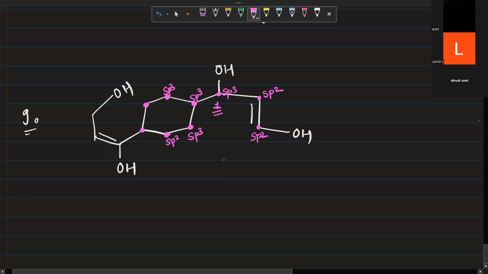sp3, sp3. And this carbon where the OH is attached? Which one? The carbon where the OH is attached. sp2.